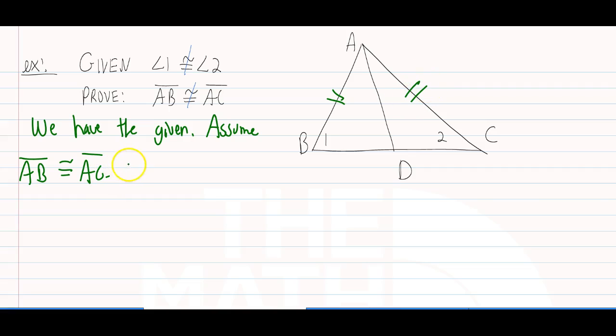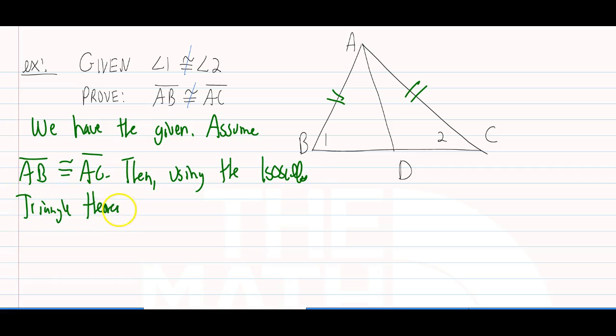Well, if that's true, then using the isosceles triangle theorem, we can say angle 1 is congruent to angle 2. Since those sides are congruent, then those opposite angles are congruent. But that's the problem.